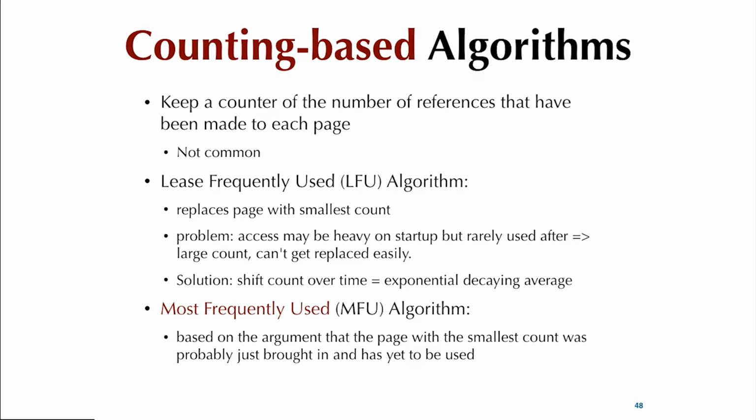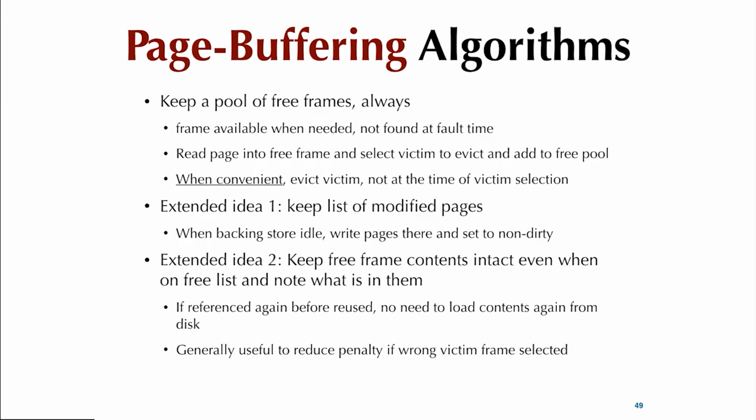It tries to infer the age from the count: a small count means the page probably got brought in recently and I'm just starting to use it, so please don't kick it out. So it's guessing in the opposite way. Either way, these are not as commonly used in modern operating systems, but still good to know about.